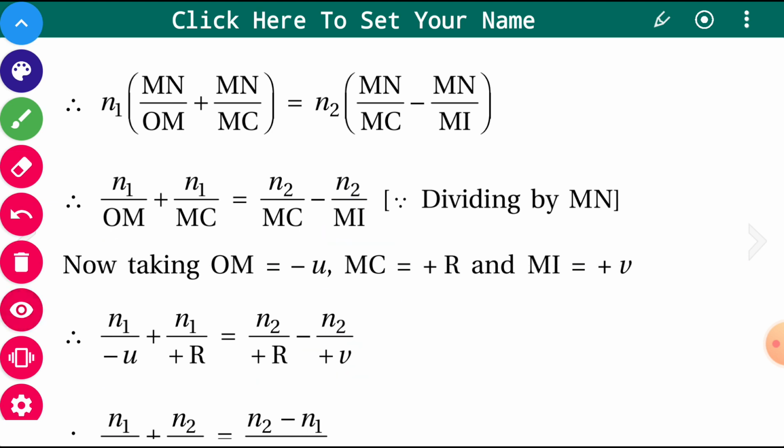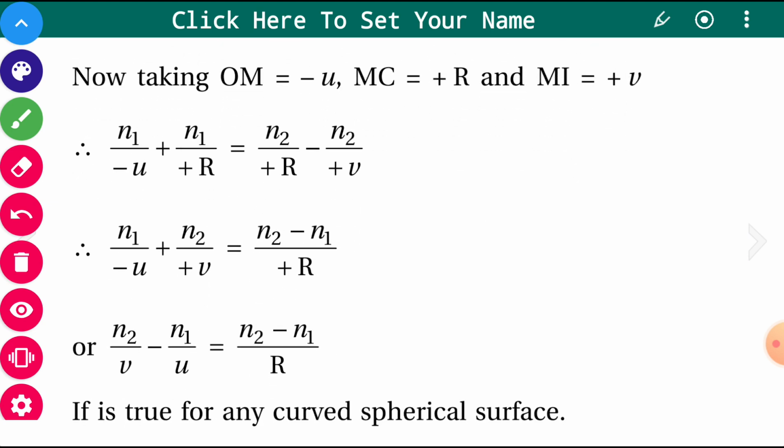Now just rearrangement of this equation. The terms with v and u are taken on one side, and this other term goes on the other side, so the negative becomes positive.